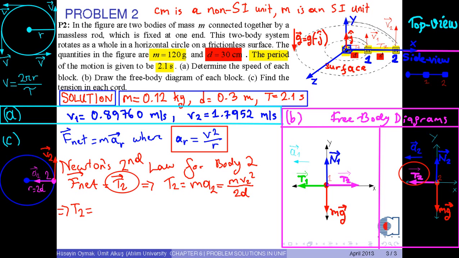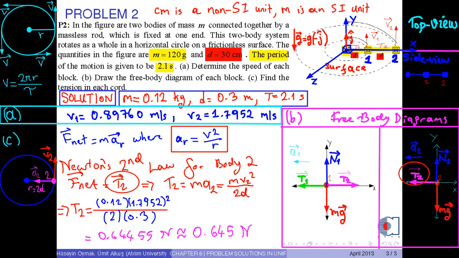Now substitute the numerical figures into this formula as 0.12 kilograms times 1.7952 meters per second squared, divided by 2 times 0.3 meters, which results in 0.64455 newtons, which is approximately 0.645 newtons.